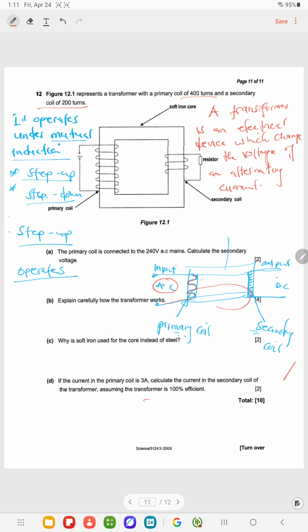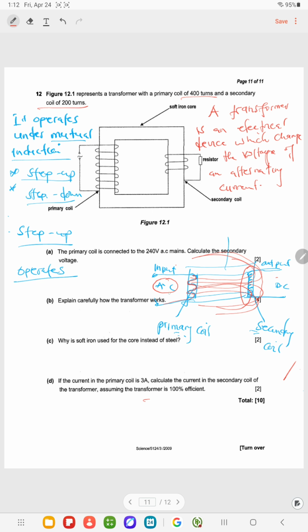To alternate means to change. These magnetic fields that are changing forward and backward will induce an alternating voltage into the secondary coil.